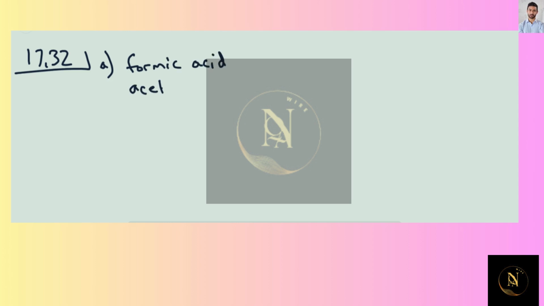So first, we can look at the pKa's of each of these buffer systems to see which system we'd want to use. So we have formic acid buffer, acetic acid, and hydrocyanic acid.